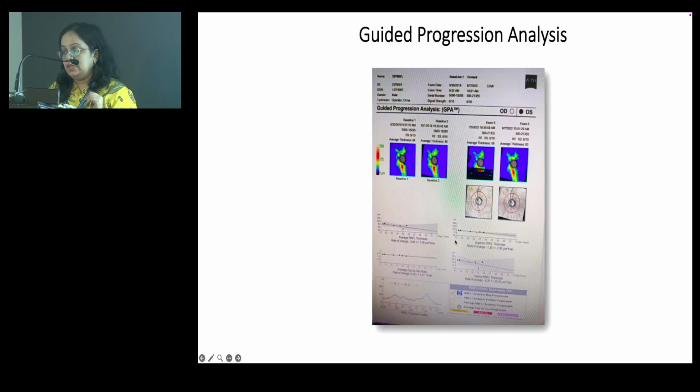You can get superior, inferior, nasal and so on. For each value, you should have two baseline values and the current values. It's better to have all reliable OCT values, and the system will tell you how the thickness is behaving over time, whether it is decreasing, whether the disease is progressing. So you can have a guided progression analysis.